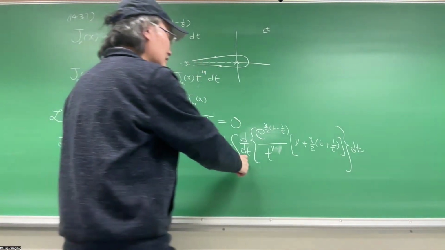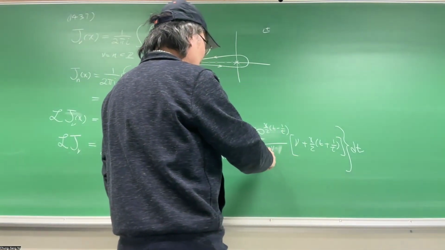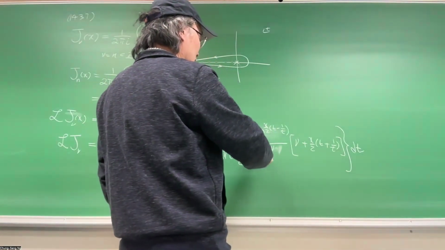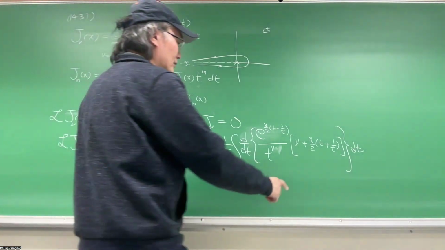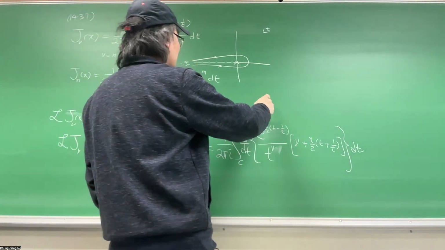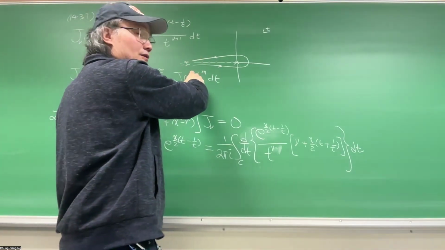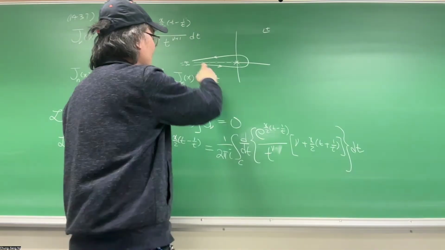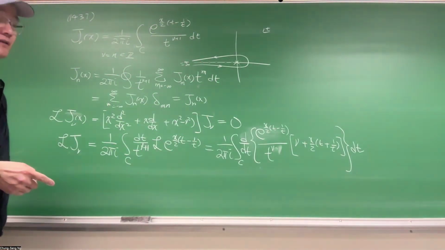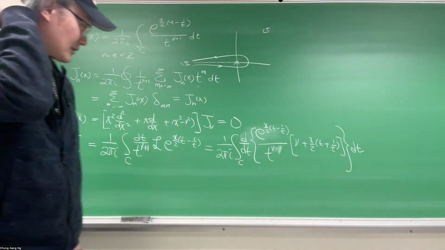So after you write it in this form, basically this integral is just whatever this curly bracket is, evaluated at the end point minus the initial point. Both are at t going to infinity, and only the difference is the phase, which in this argument doesn't matter.